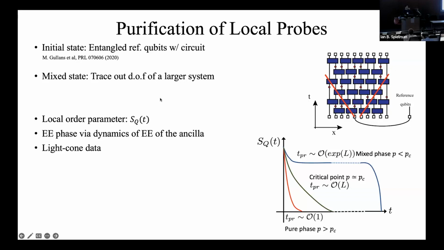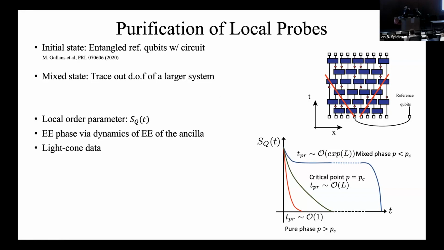And then it turns out that if we study the time behavior of the entanglement entropy of this reference qubit, this can provide a probe for detecting what phase we're at. In particular, in the volume law phase, it turns out that this reference qubit stays entangled to the system for exponentially long times.